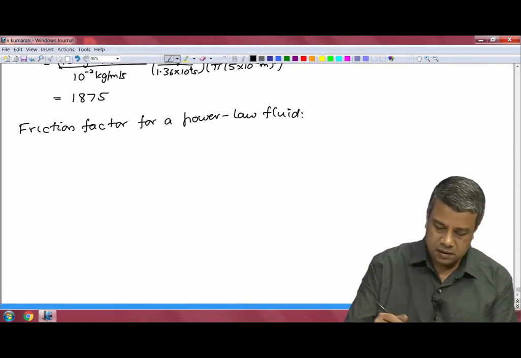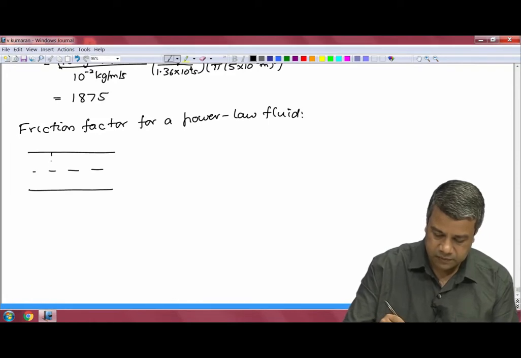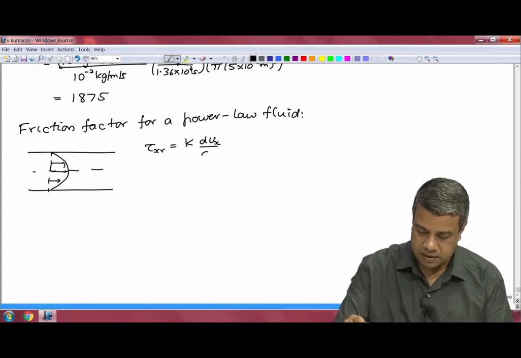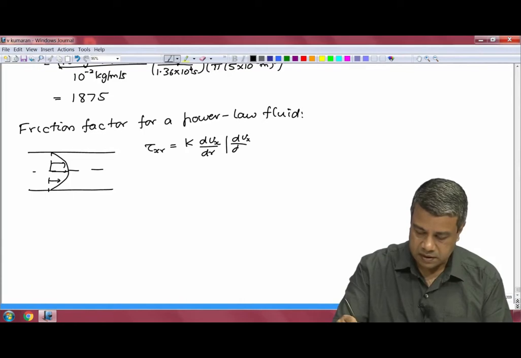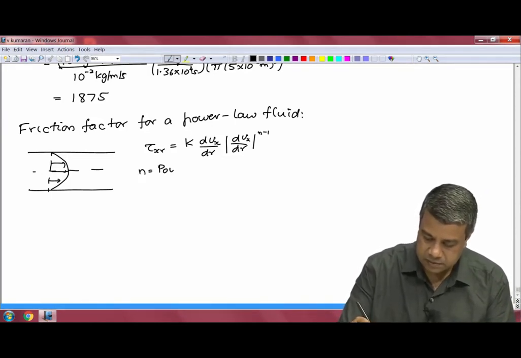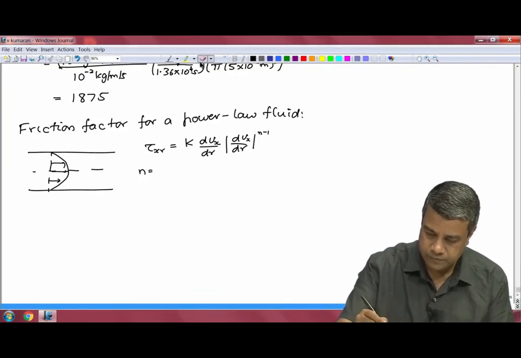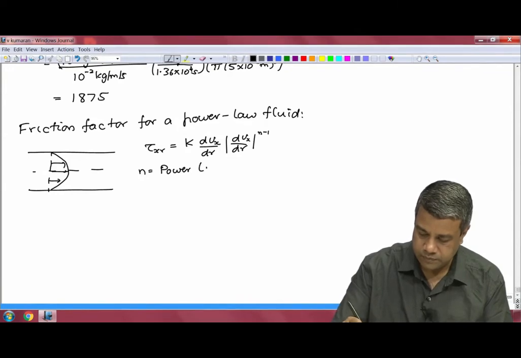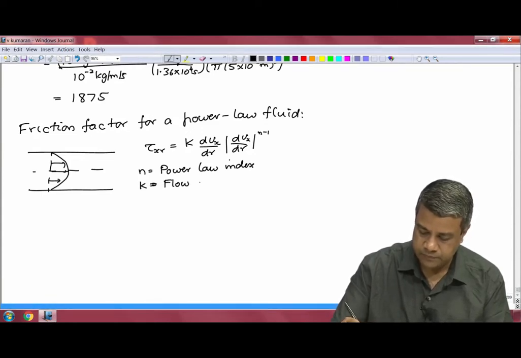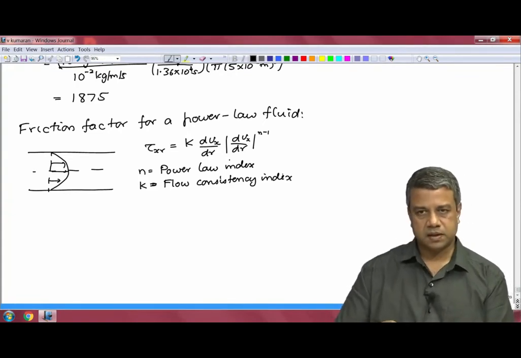That is, if I had the flow in a pipe of a fluid which did not satisfy Newton's law of viscosity, but rather where the relationship between the stress and the strain rate is given by kappa times dVx by dr into dVx by dr power n minus 1, where n is the power law index and kappa is the flow consistency index. This is the constitutive relation.